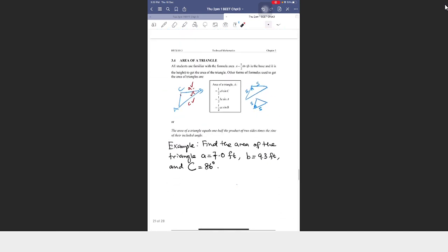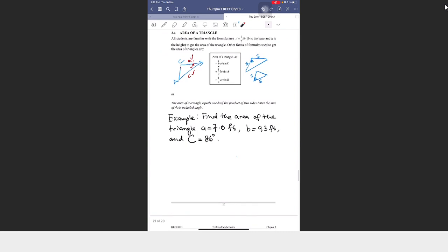Let's do an example straight away. Find the area of the triangle given A equals 7.0 feet, B equals 9.3 feet, and C equals 86 degrees. This is angle C here.